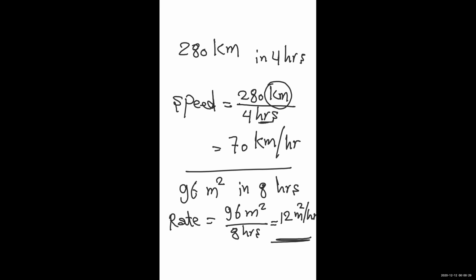Then one more example about the rates. An agricultural tractor plows 6 feddans in 3 hours. Find the rate of the performance of the tractor.